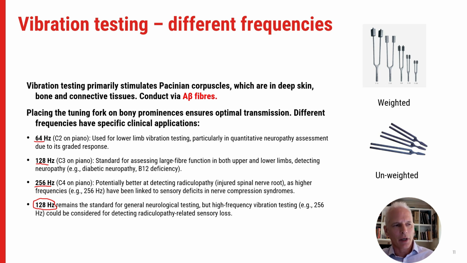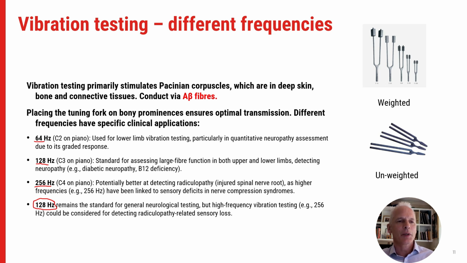There's also another tuning fork which I'd highly recommend that you become familiar with because it's actually quite useful. And that's the 256, a higher frequency. What they've found in a number of recent studies is that people who can't feel 256 Hertz vibration in the lower limb quite often may have a spinal nerve root compression problem.